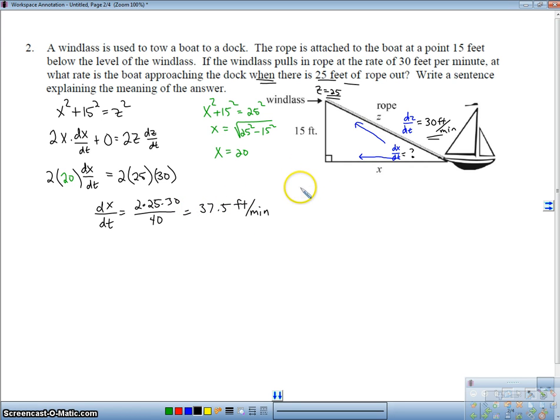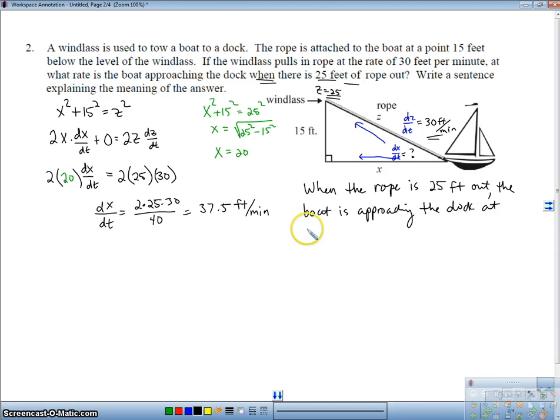So I'm going to say that when the rope is 25 feet out, the boat is approaching the dock at a rate, use that word in all of your conclusions, a rate of 37.5 feet per minute.